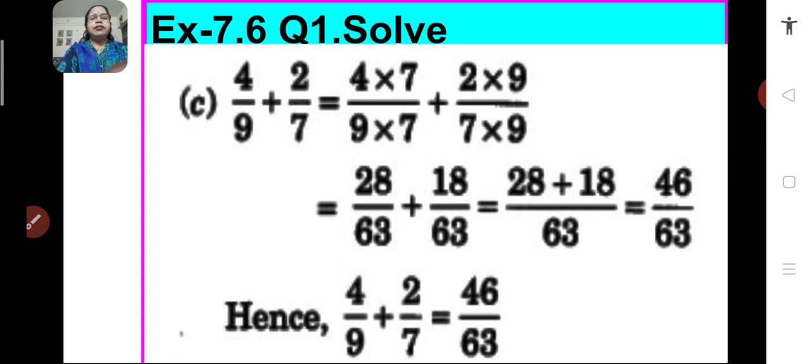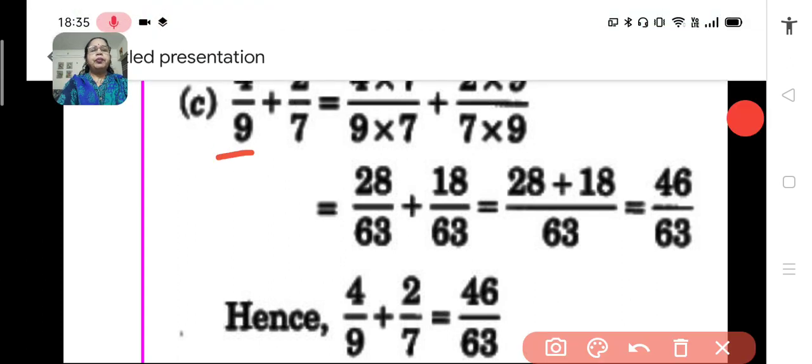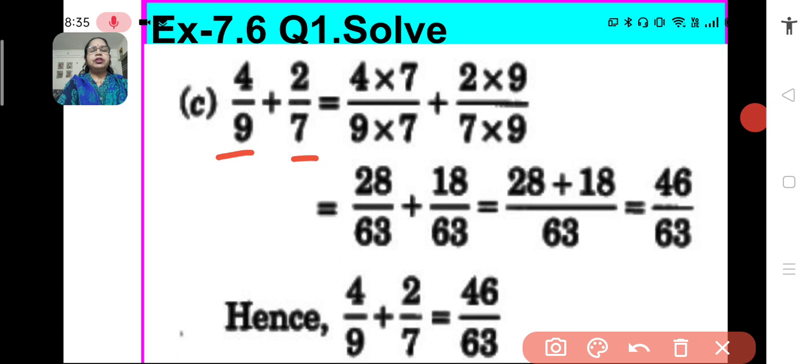So, here we have two fractions, 4 upon 9 and 2 upon 7, to be added. They are unlike fractions. So, what do we do? We find the LCM of the denominators and the fractions will be changed into equivalent fractions with the same denominator. But here we have two denominators which have 1 as the common factor.